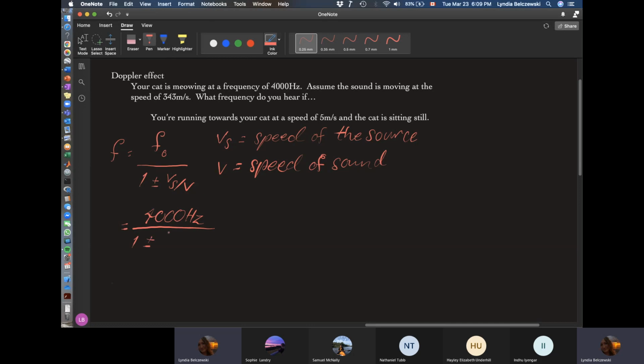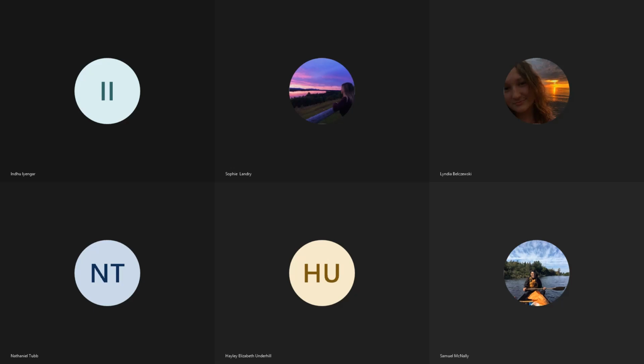The speed of the cat, which is 5 meters per second, divided by the speed of sound, which is 343 meters per second. Now, I said the speed of the cat is 5 meters per second. Technically, in the question, I said you're running at 5 meters per second, but if you're going towards the cat at 5 meters per second, that would have the same effect as the cat running towards you at 5 meters per second.